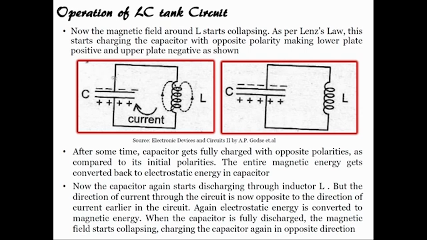The electrostatic energy, when it starts discharging, is converted to magnetic energy once again. So the electrostatic energy stored in the capacitor is converted to magnetic energy stored in the inductor, and this keeps on continuing.